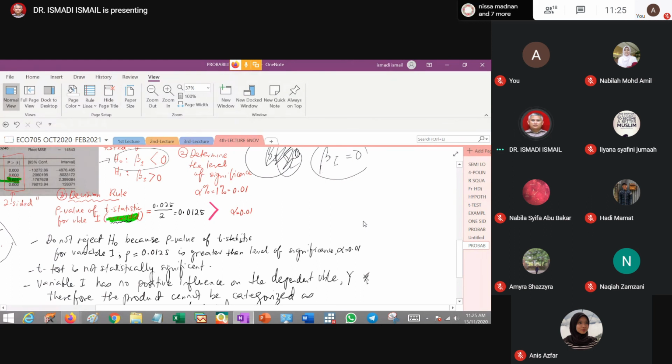When you accept that beta I is equal to 0, it means any changes in variable I would have no impact on your dependent variable. So it's okay to miss the word positive if the null hypothesis indicates that beta I is equal to 0. If like I did, you miss the word positive, it is wrong. Okay, question? Okay, doctor, thank you.